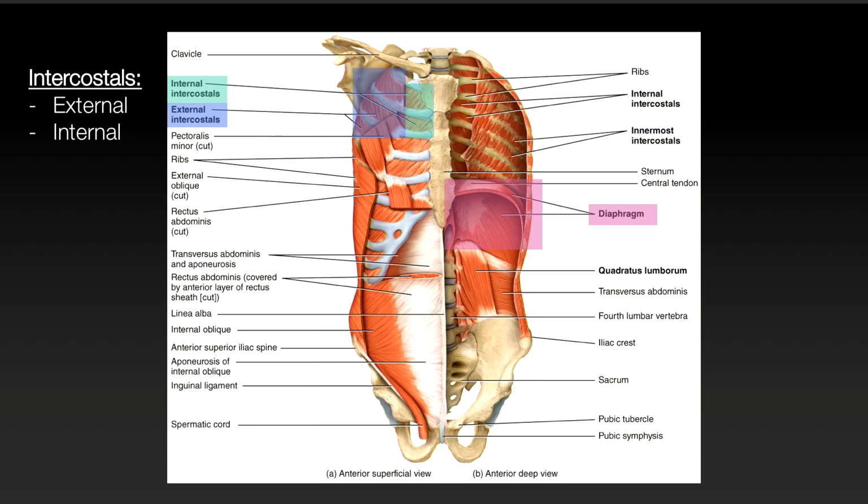There's not a lot of time to discuss all of the mechanics, so I might just help you remember which is which. External, hands in pockets. External intercostals, fibers run in the direction of your fingers when you put your hands in your pockets. Pockets are usually external.